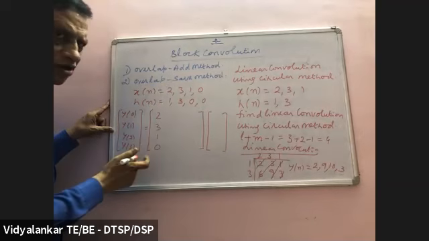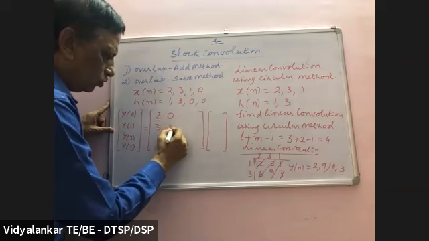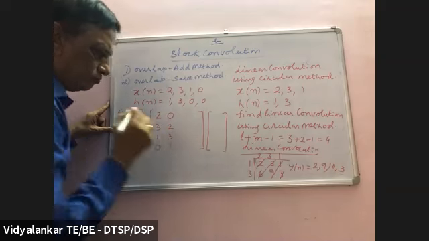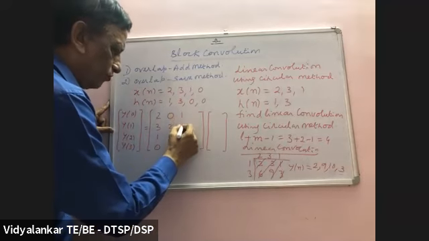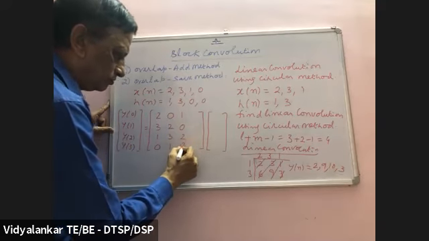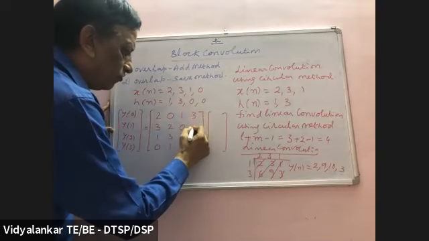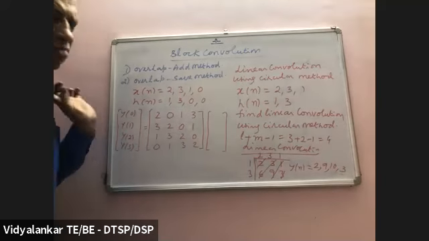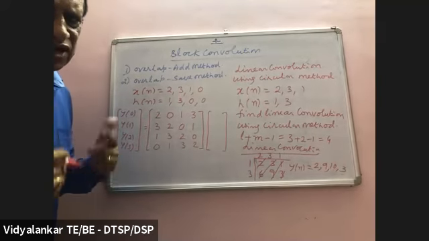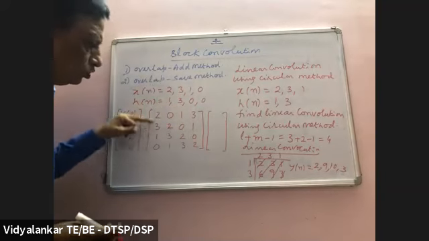In the first column, how will the numbers sit? 0 will go to the top, followed by 2, 3, 1. Again, if I rotate, 1 will go to the top, followed by 0. Again, if I rotate, 3 will go to the top, followed by 1. Now it becomes a 4 by 4 square matrix. Further rotation is not possible, because if I rotate further it will again be 2, 3, 1, 0.